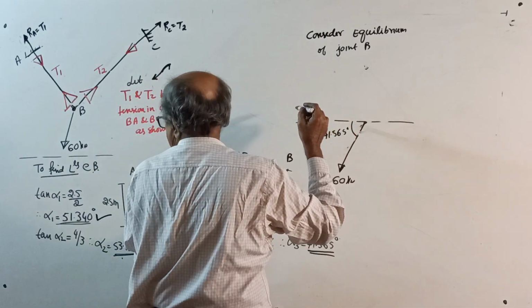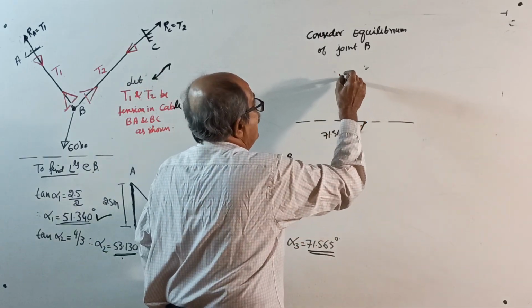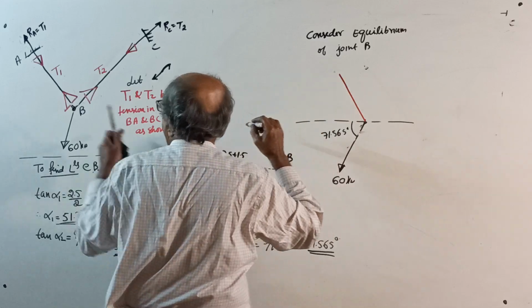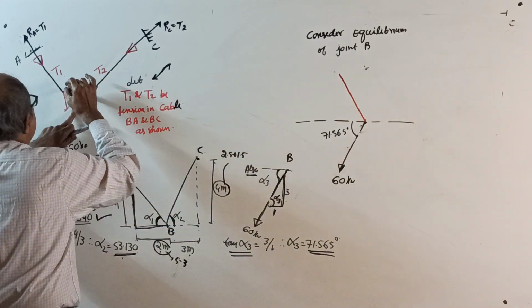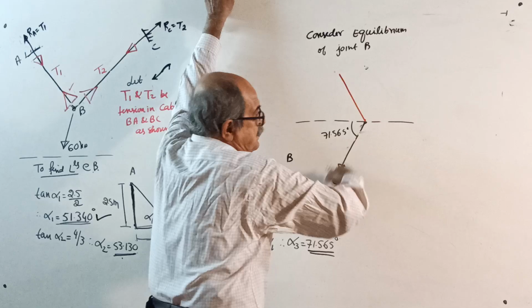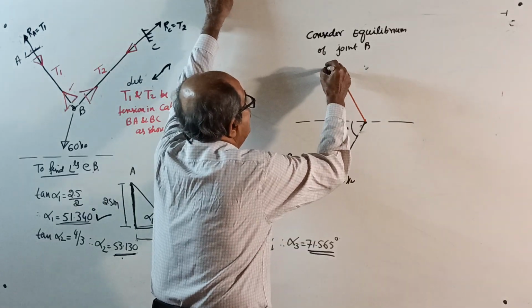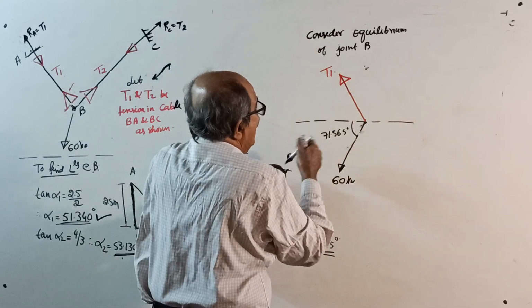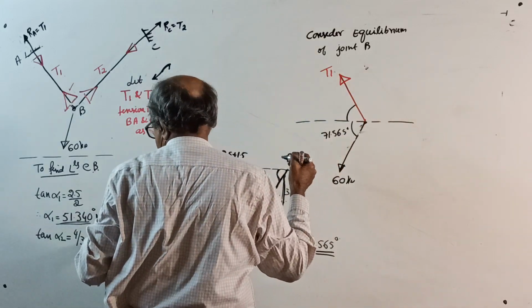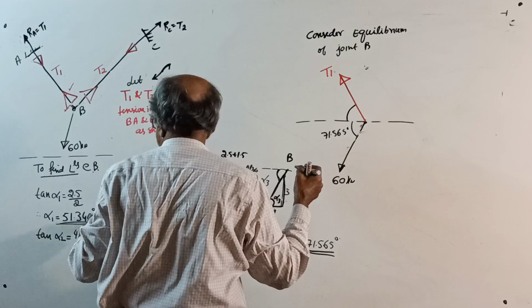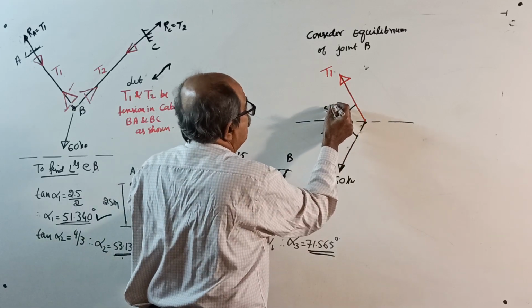One tension going this way, angle is 51, unknown force. We are considering this joint. You should consider this arrow mark. When you pull this way, tension goes that way. Tension T1. For this, the angle is 51.34.